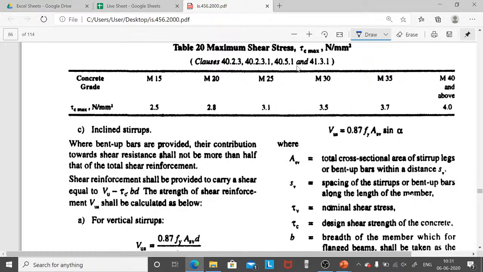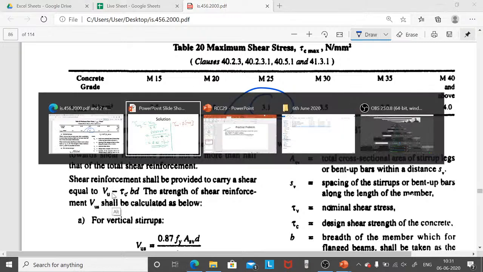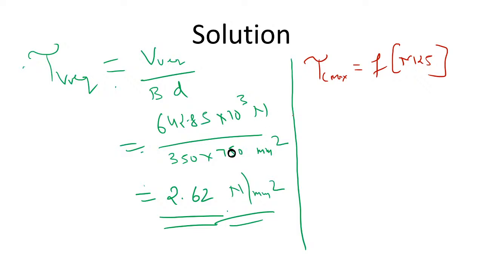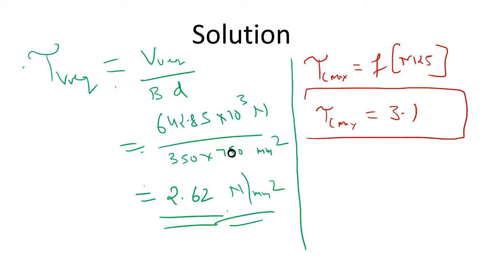It is 3.1. The value of tau C max from IS code is 3.1. Is it clear? So here you can say that tau C max is 3.1 for M25 grade of concrete.